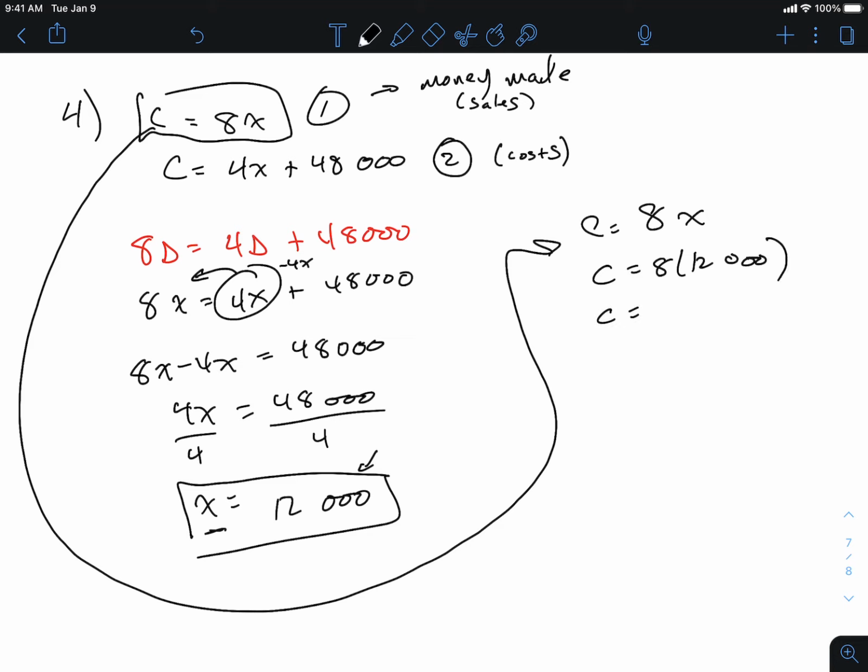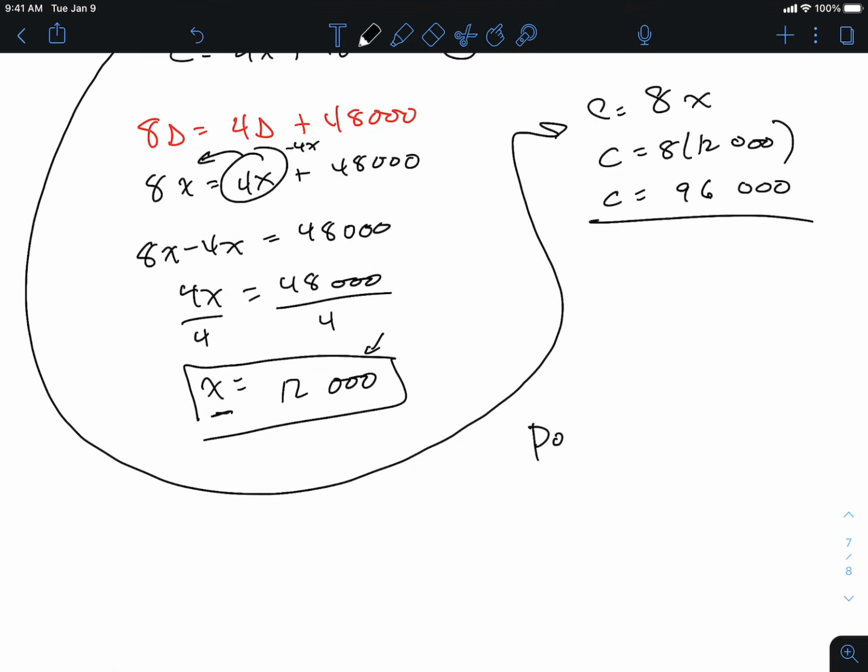What is 8 times 12,000? So you now have a point of intersection, and it is 12,000 and 96,000.